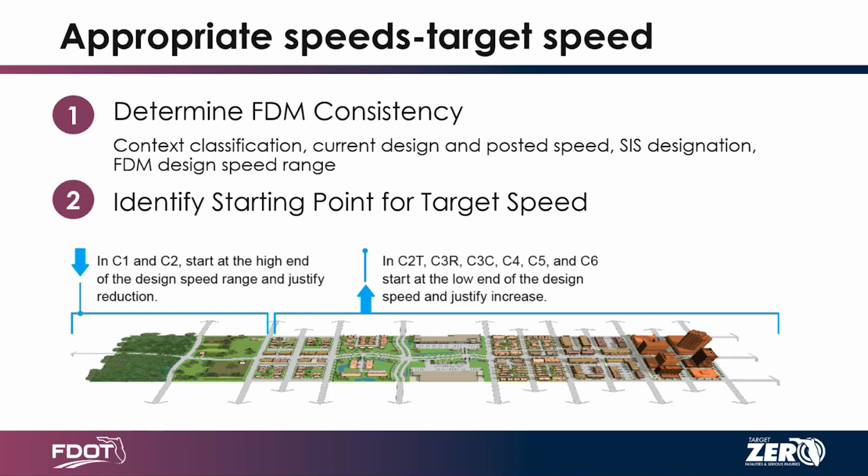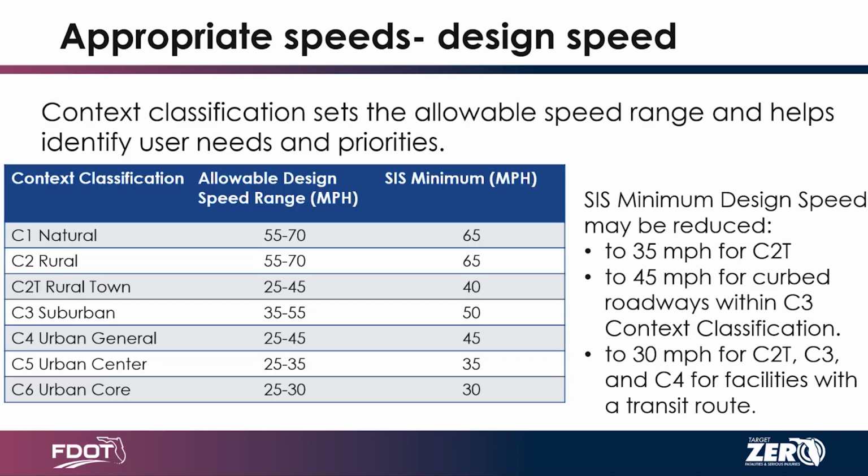We had a bridge replacement project, Sebastian Inlet Bridge Replacement Project, and D4, D5 had context classifications on A1A by that bridge of C1 conservation in D4 and C2 rural or sparsely developed in D5, and it made sense based on the criteria in the FDOT context classification guide.